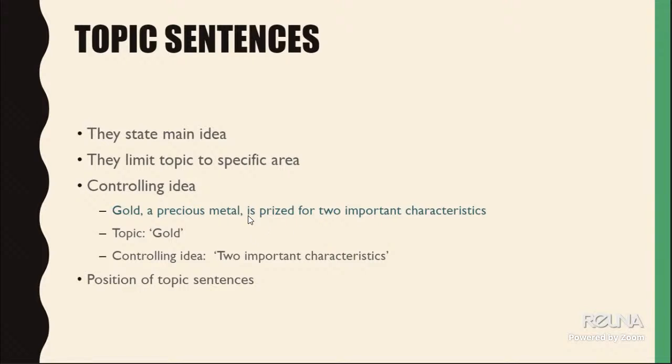Why? Because we can say that gold, a precious metal, and we might say a different thing, like a precious metal is used as, or we can say that is used in the stock market, or is traded in the stock market, and it's very valuable because of its commerce, and so we're directing the paragraph into a different field.